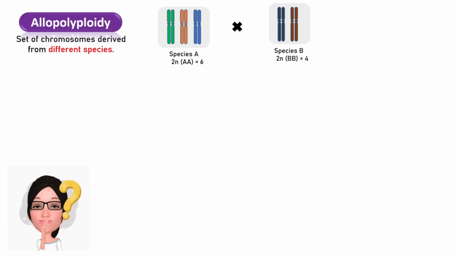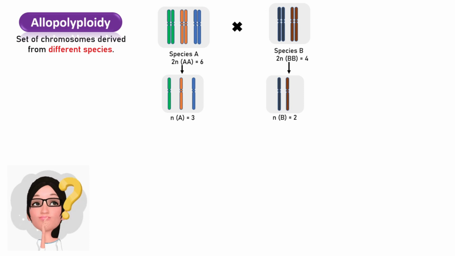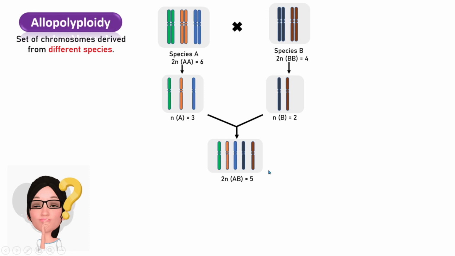Species A undergoes meiosis producing a haploid gamete with 3 chromosomes, and species B undergoes meiosis producing a haploid gamete with 2 chromosomes. Fertilization between these 2 gametes will produce a hybrid with 2 sets of chromosomes from different species.